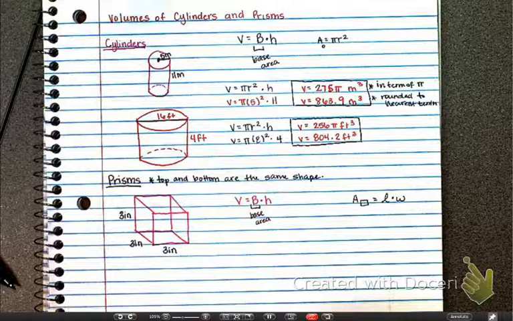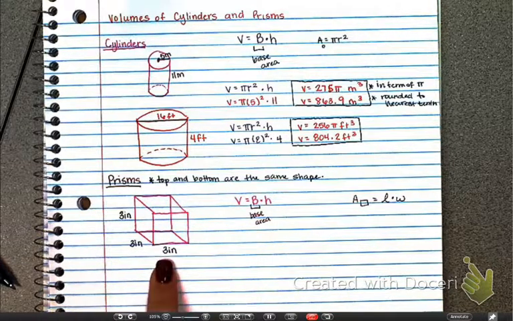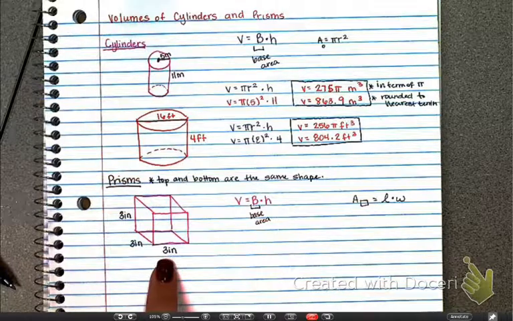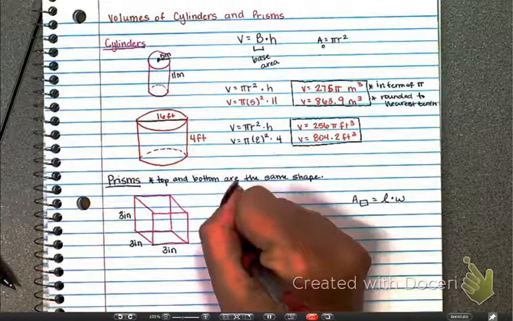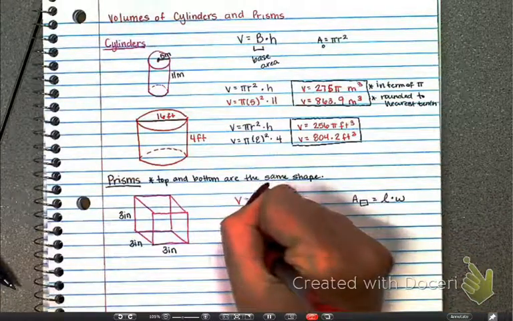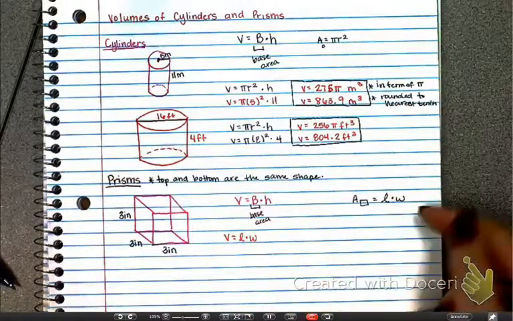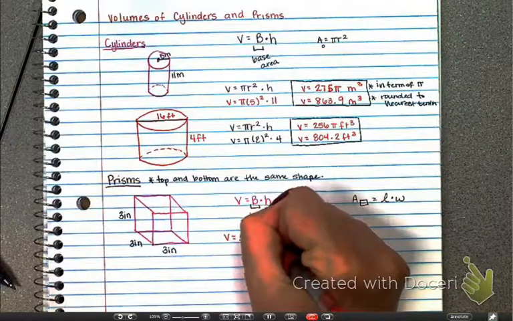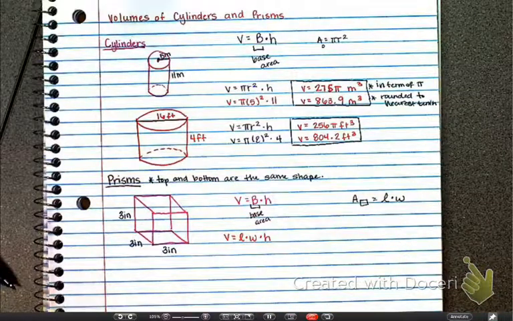It's a square, right? Because the length and the width are the same. If this was 3 and 5, it would be a rectangle. Okay? So volume equals my base area, which is length times width, and then times the height of the whole thing. And when we talk about height, we're talking about how much it pops up from the base.